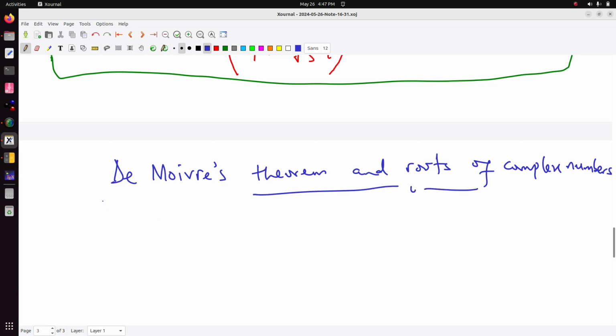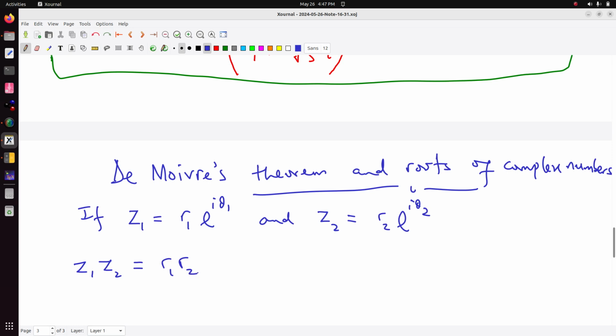Let's say we have z1, which we have written in polar form as r1 exponential i theta1, and we have also written z2 as r2 exponential i theta2. If you multiply z1 by z2, then it will be r1 r2 exponential i into bracket theta1 plus theta2. We have written this before.